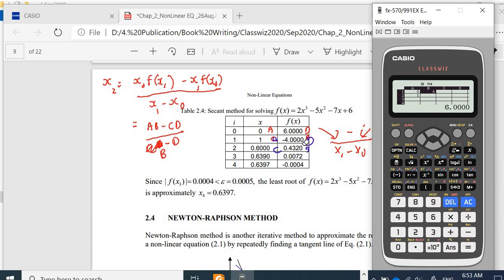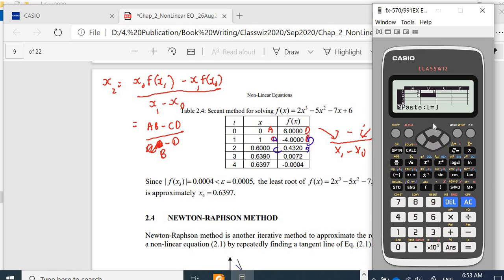Now to calculate f(x1), in the calculator you have to input your x. If you already input the formula 2x cubed minus 5x squared minus 7x plus 6 in your calculator, you call it back and input x equal to 1. In the spreadsheet menu, I do not need to calculate, but I can copy the formula. To copy the formula, I press options, go down to get Copy and Paste, number 2.